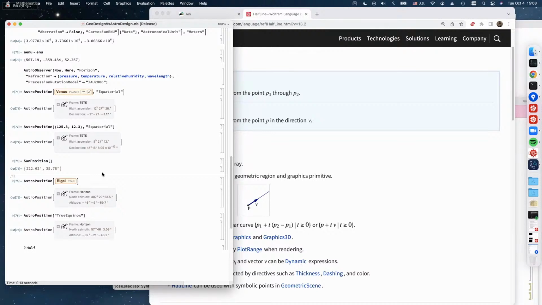All right, let's go through this again. So if astroposition represents the observed position, what do you actually say in the documentation? Let's just look at the documentation.